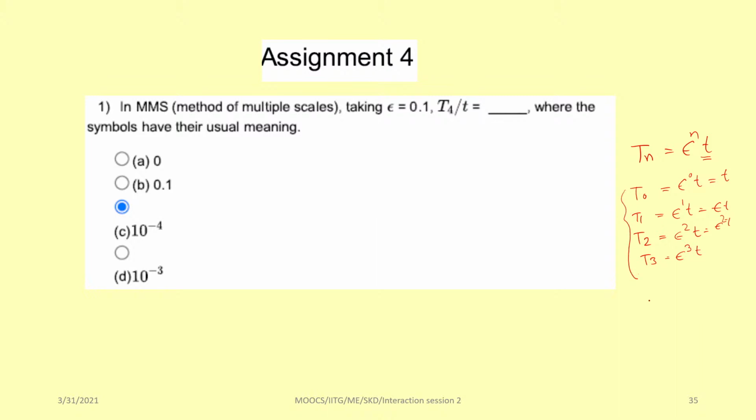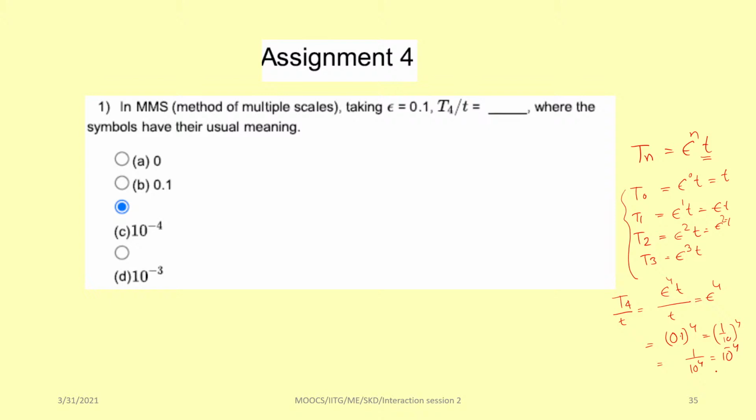Here it has been asked T4 by T. T4 equals epsilon to the power 4 T by T, which equals epsilon to the power 4. Epsilon is given to be 0.1, so this is 0.1 to the power 4, that is 1 by 10 to the power 4, or 10 to the power minus 4.